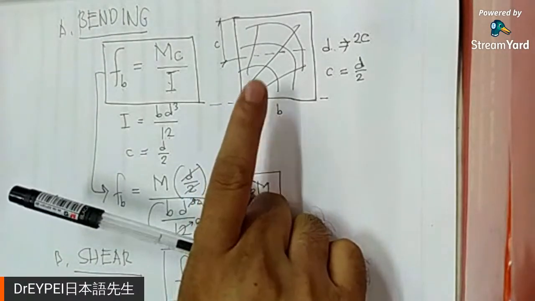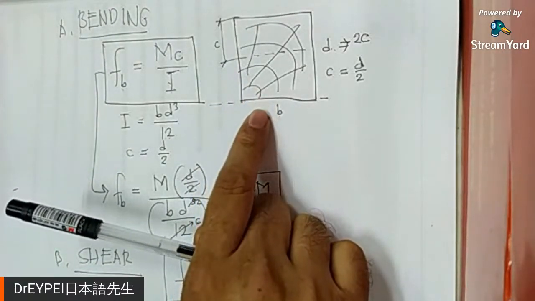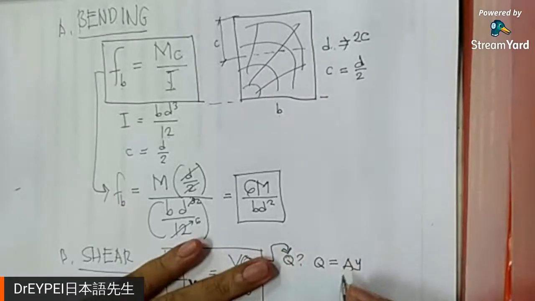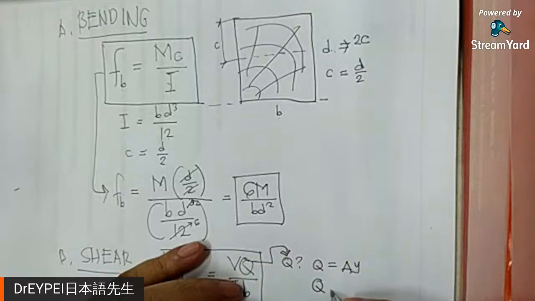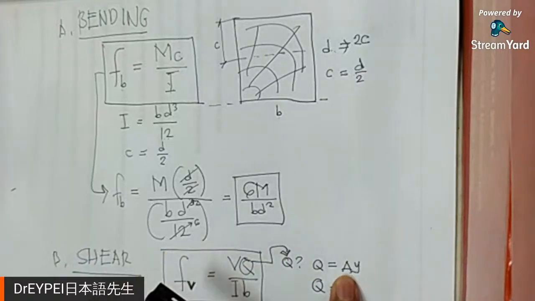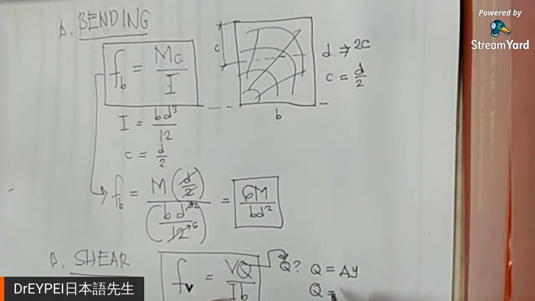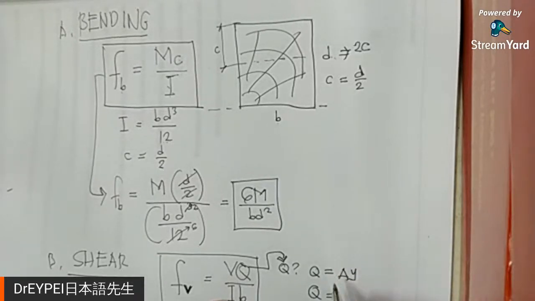So if we again use a cross section which is rectangular in shape like this, we can substitute the right formula for area, which is BD. So BD over 2 and the Y, what is the Y?